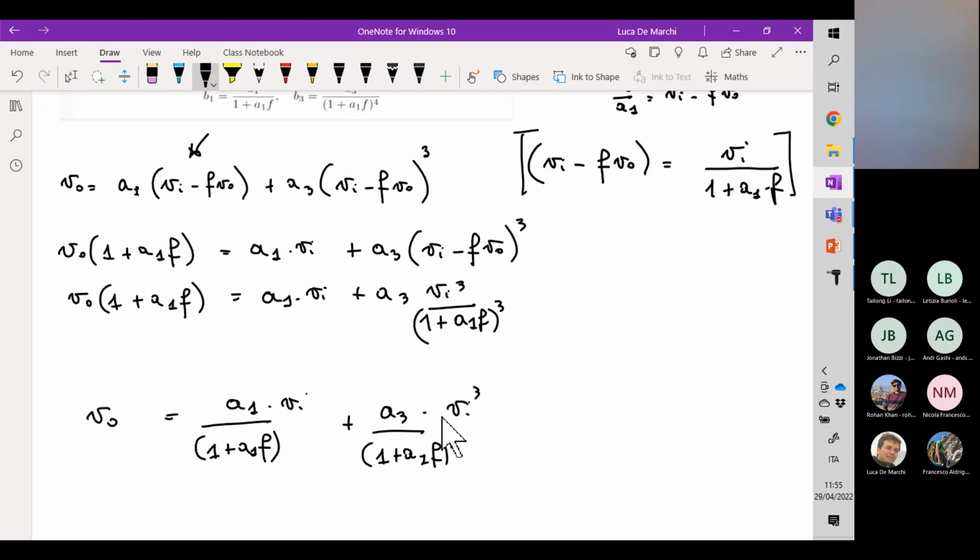But you have to do so considering a null input, okay? Because Z out is typically computed as the ratio between V out and I out when the input voltage is equal to 0.